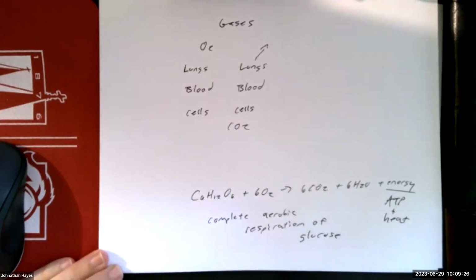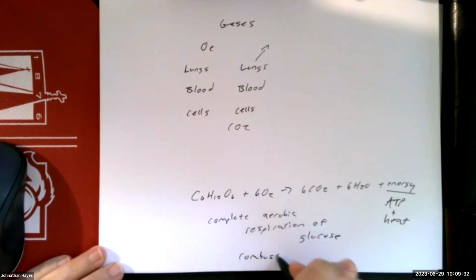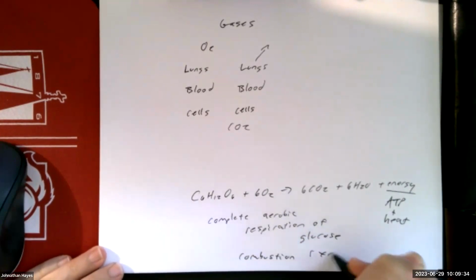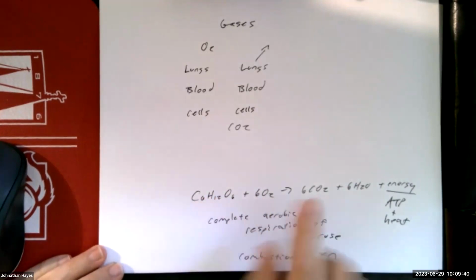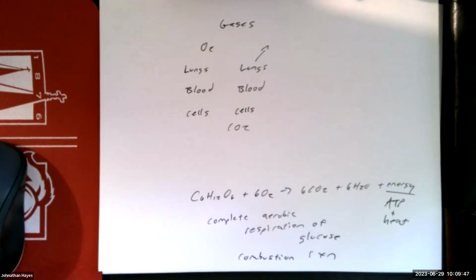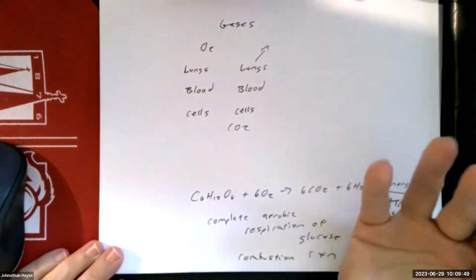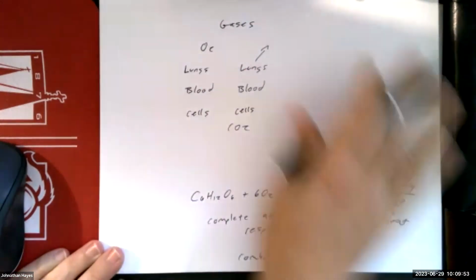And we talk about that in a cellular respiration chapter in Anatomy 1, or you could just simply call this a combustion reaction, where you're going to take some type of organic substance, carbons and hydrogens, you mix it with O2, and you're always going to get CO2 plus H2O plus energy. All combustion reactions do that. So, but again, this is what respiration's for, right? So respiration talks about all of this.